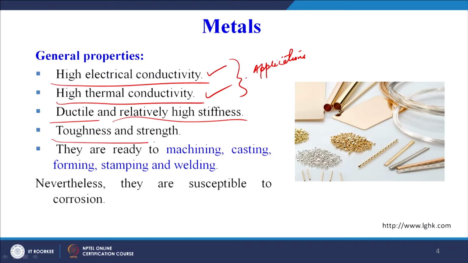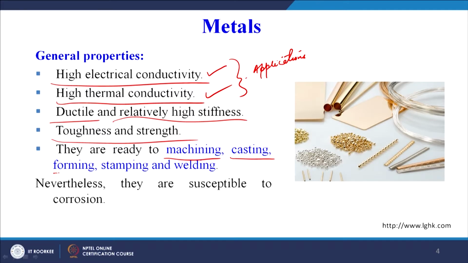Metals have this added advantage that they are ductile, they are good conductors of heat, they are good conductors of electricity, they have relatively high stiffness. Toughness and strength are also key characteristics of the metals. Another point is whether we will be able to manufacture them properly, whether the manufacturing techniques are available for processing of metals.